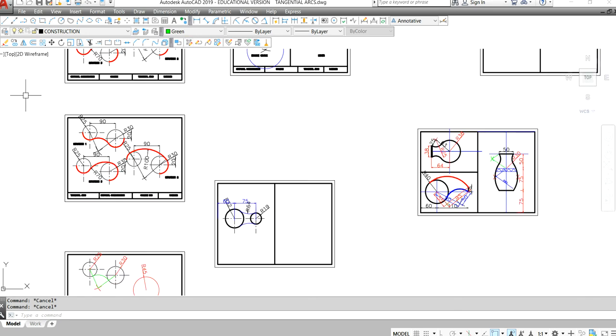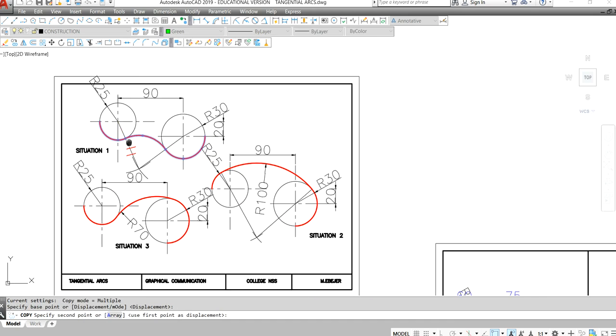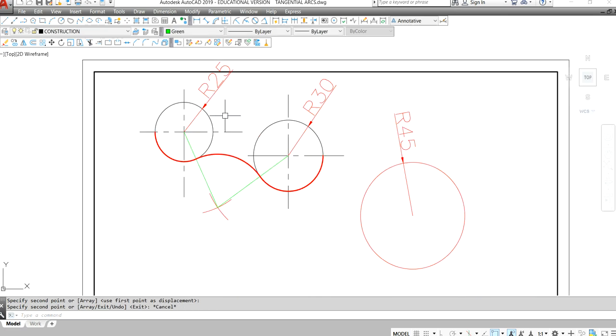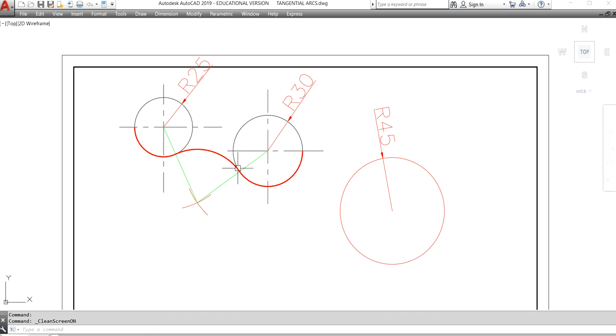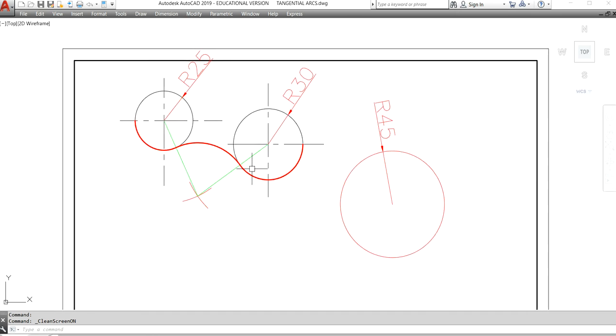Alright? To give you an idea, I prepared this in advance. I created a continuous round profile. Okay? These kind of designs are used both in architecture and engineering.